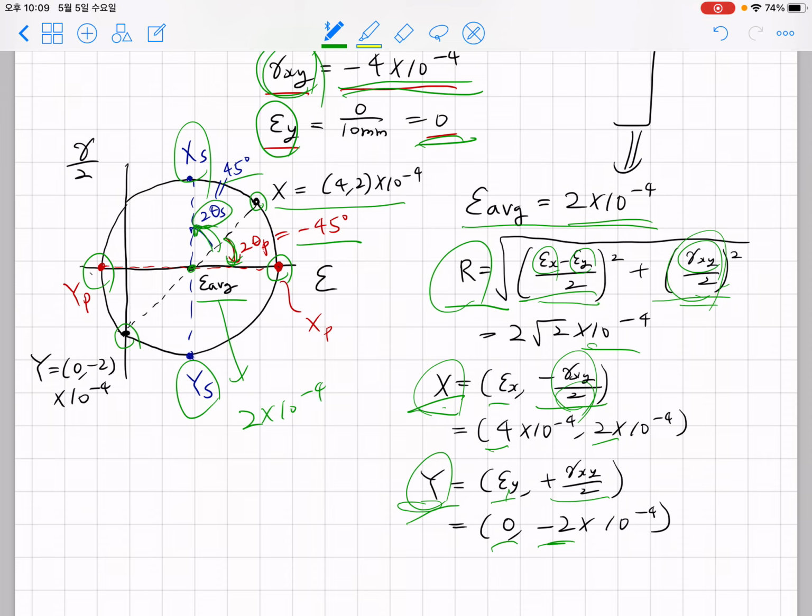So after recognizing that theta s is 22.5 degree and theta p is negative 22.5 degree, you can locate the principal axis and the principal strain, and of course the axis for maximum shear strain.